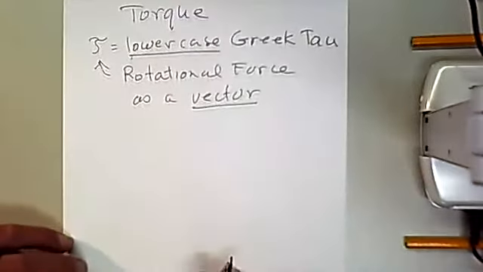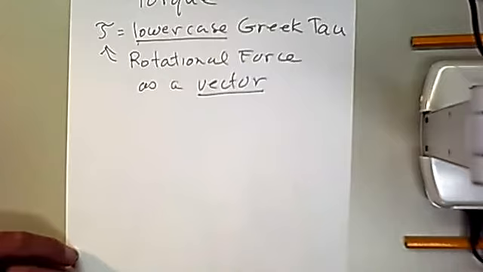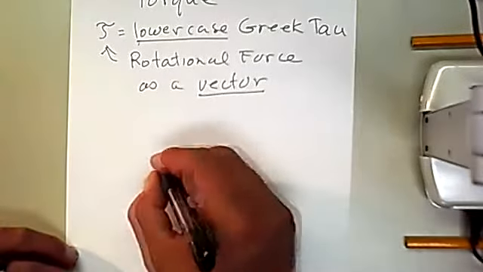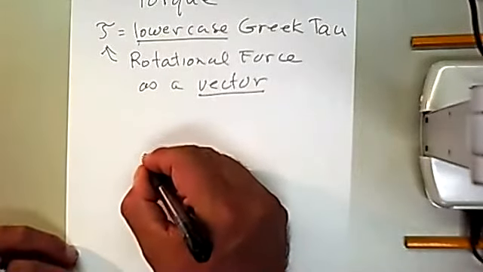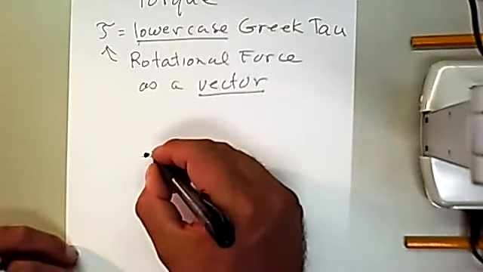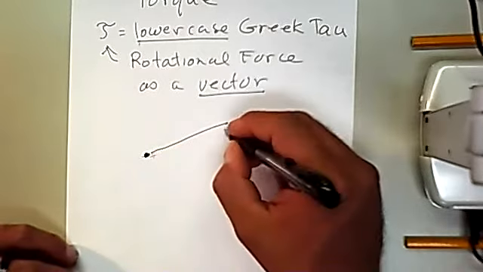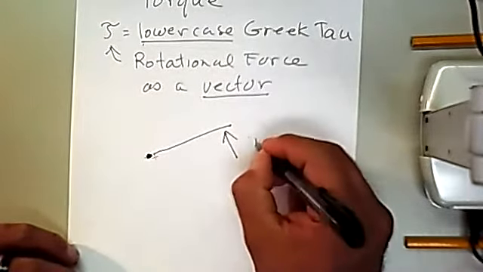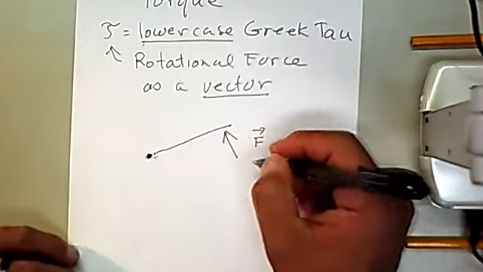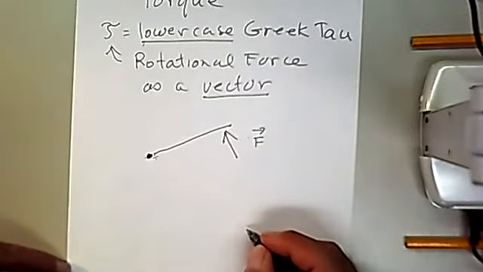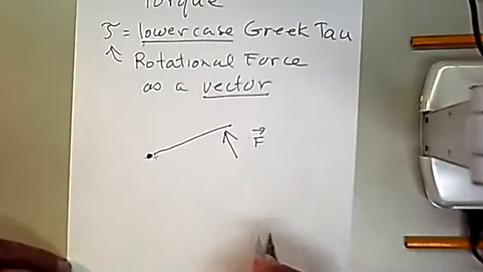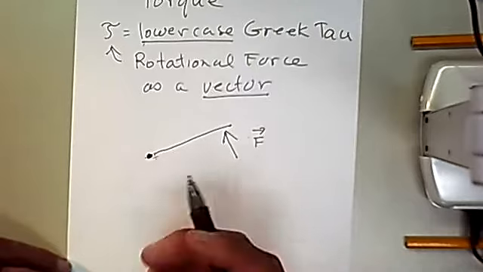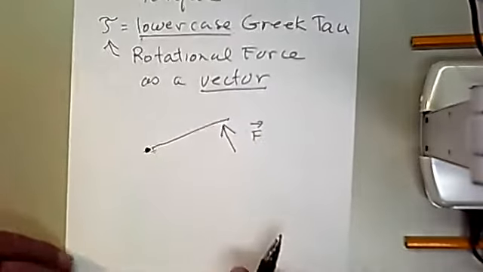So if we have a lever, so this is a pivoting point, a lever, and we apply a force as a vector, this is coming towards us.